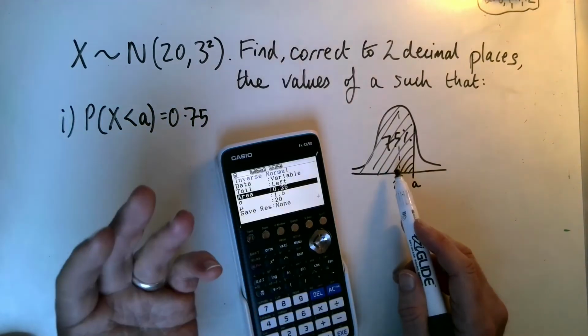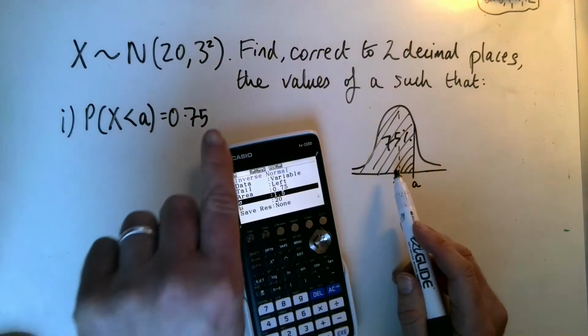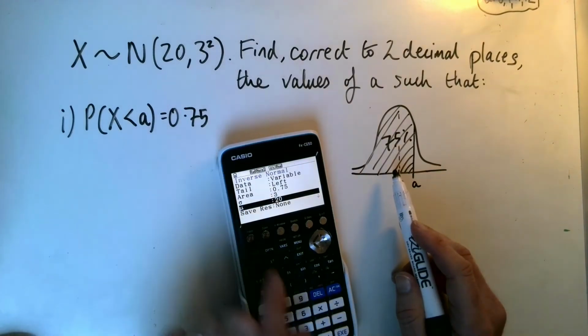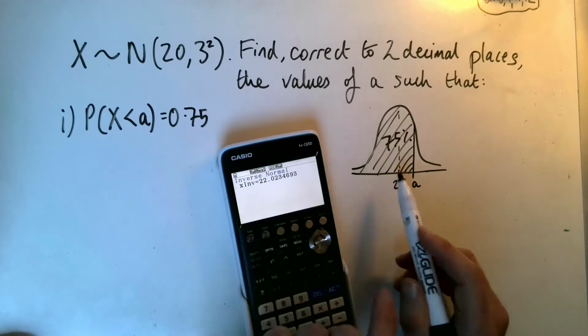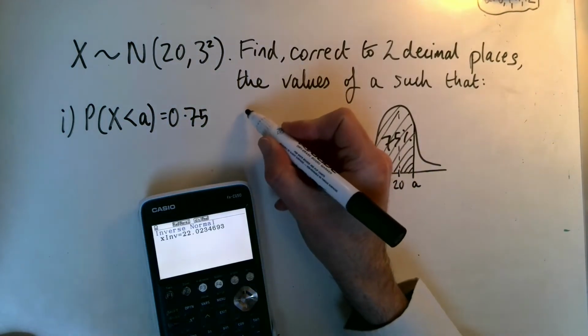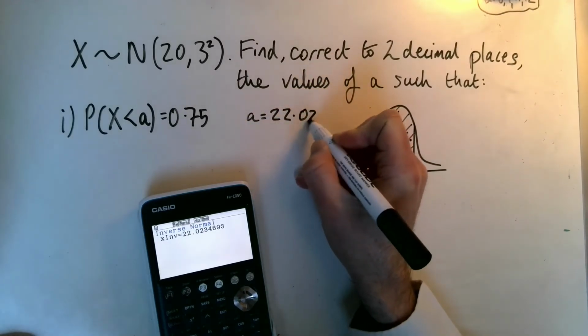Well, the area is the probability, so that would be 0.75. That's the only new thing from last time. Then we've got the standard deviation being 3. We've got the mean being 20. And the inverse x is going to be 22.02. So A equals 22.02.